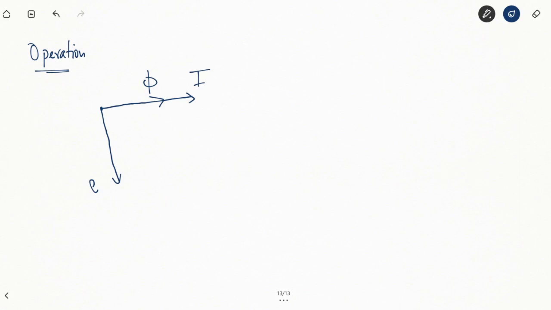The EMF induced in the moving coil will be 90 degrees behind the main current, but the current small i flowing through the moving coil will now depend upon the inductance and the value of capacitance of this moving coil. So you can have three different scenarios.